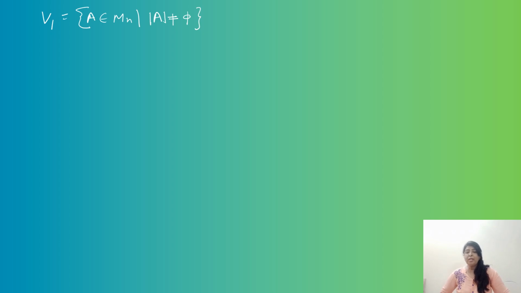So you can see that A belongs to Mn and determinant of A is not equal to 0. For 0 the determinant is equal to 0. Now you can see that 0 doesn't belong to V1. So this implies V1 is not a linear subspace.